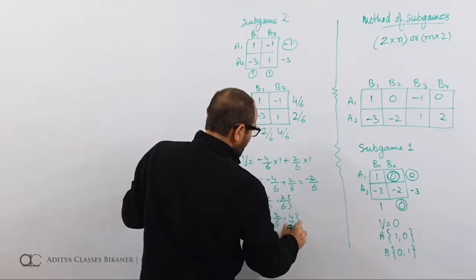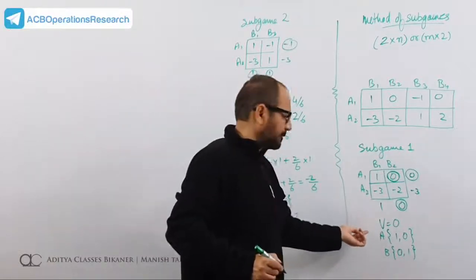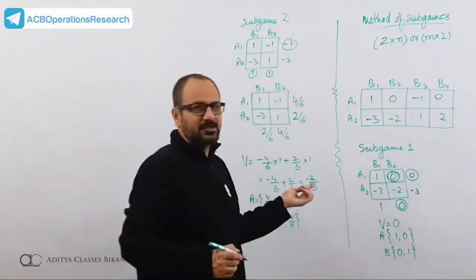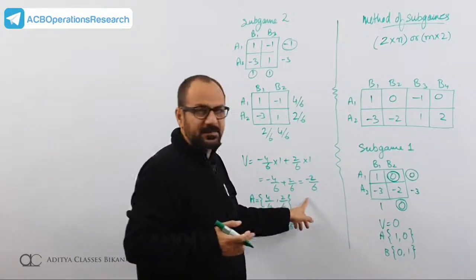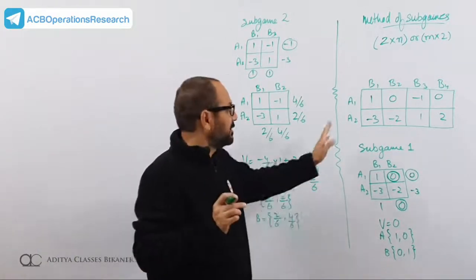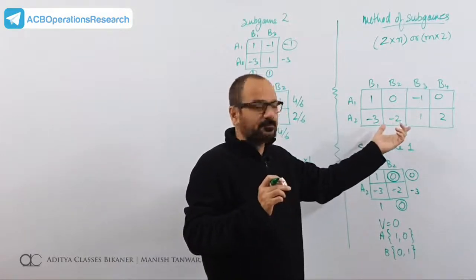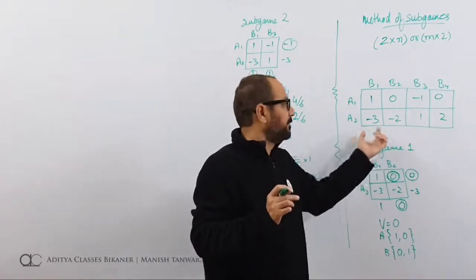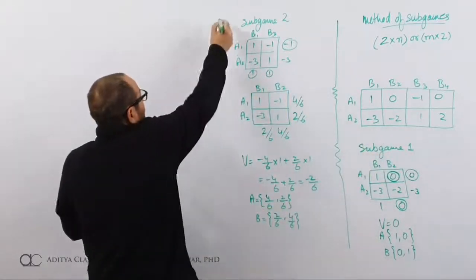So now, if I think from B's perspective, which game value is better? 0 or minus 2 by 6? Definitely from B's perspective, this combination is better. Why am I taking B's perspective? Because it is B who has to select between B1 and B3, between B1 and B2, between B1 and B4, as we will see now.